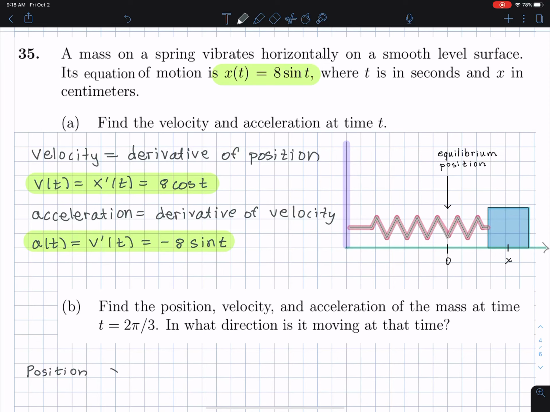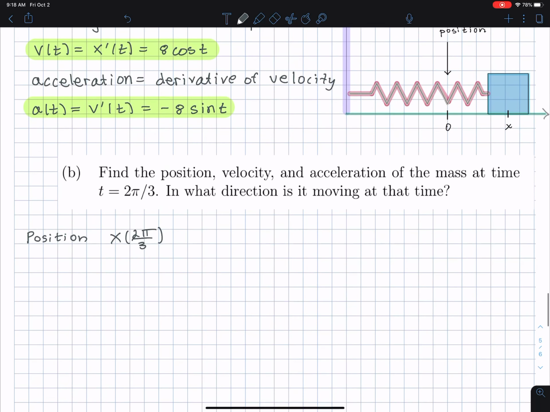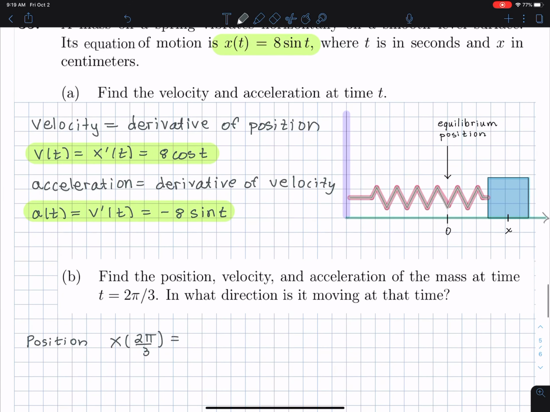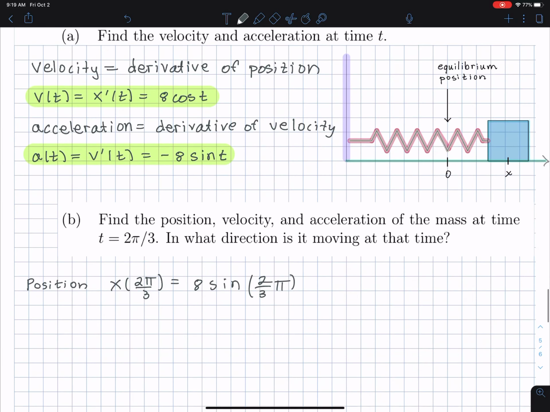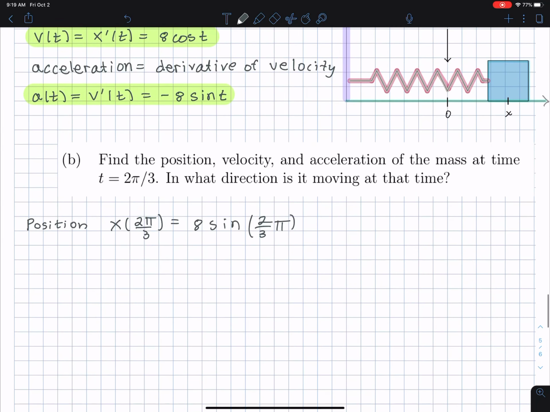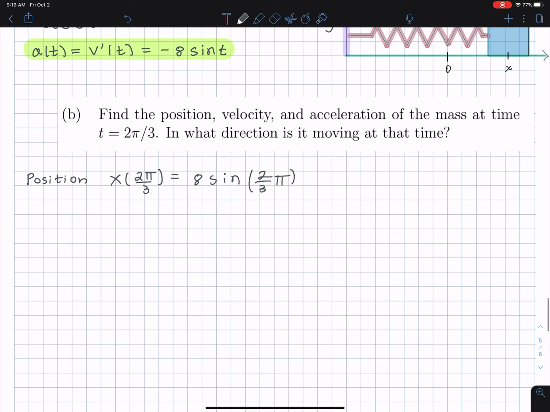Position is x of 2 pi over 3. I need to work on making that just a little bit more neat. X of 2 pi over 3, and that apparently is equal to 8 sine 2/3 pi. Well, let's check that out. Well, the reference angle for 2/3 pi will be pi over 3.